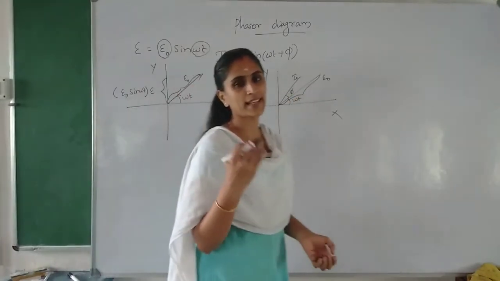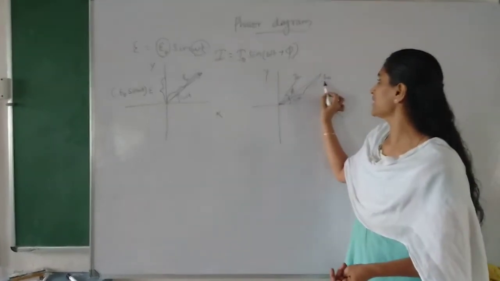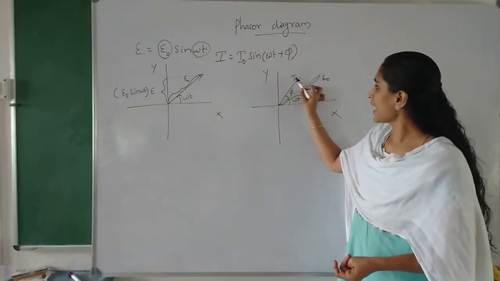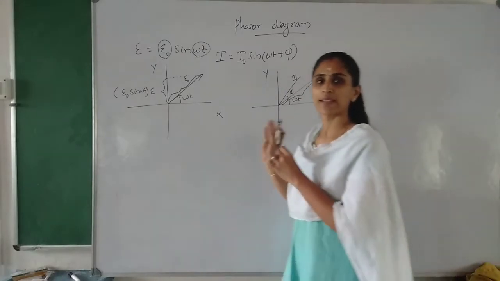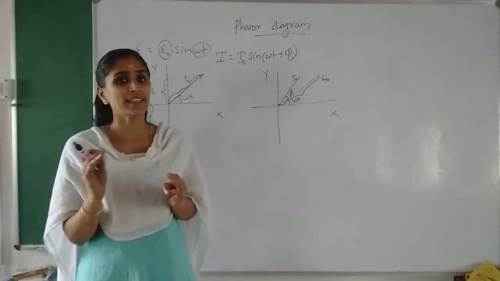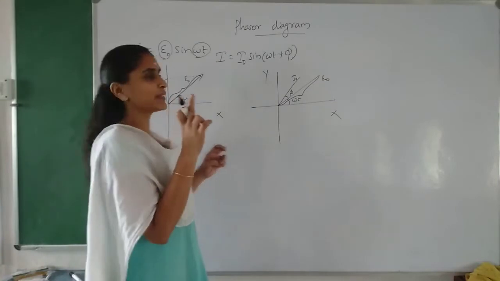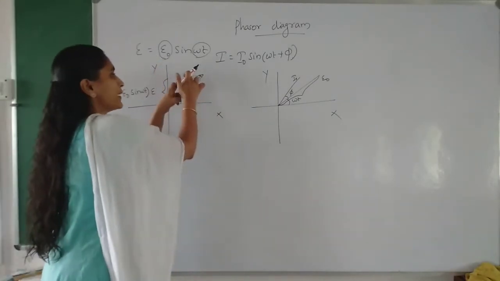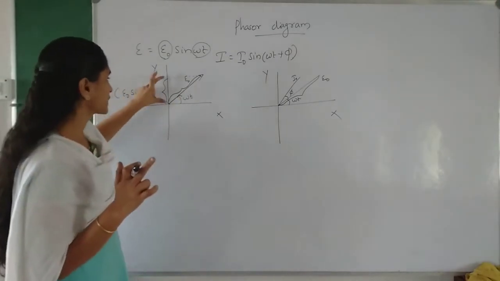So we can say that current is leading the voltage by phi, or that voltage is lagging current by an angle phi. This is what is meant by a phasor diagram. There we represent it as a rotating vector whose length, which is very important, is equal to the peak value, and we take its projection along the y-axis.